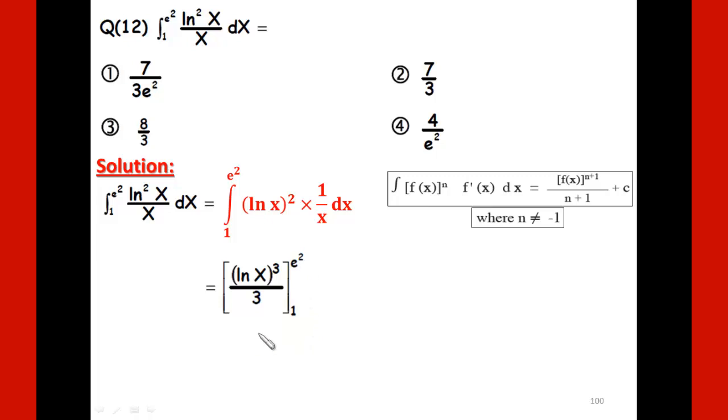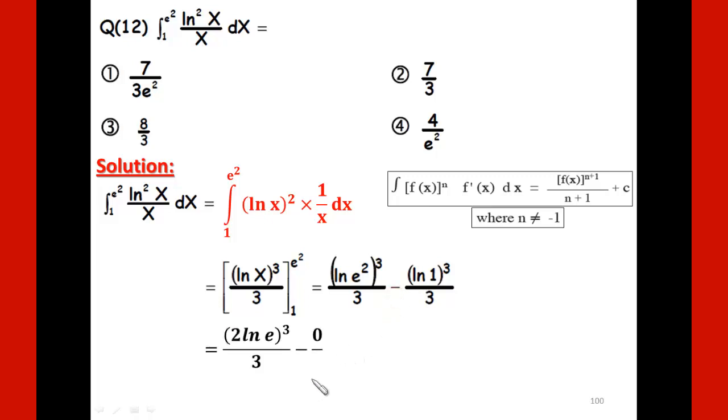Next step is to substitute x equals e power 2 first. Second, we substitute x equals 1. And the sign between the two values is negative. And we complete the calculation.